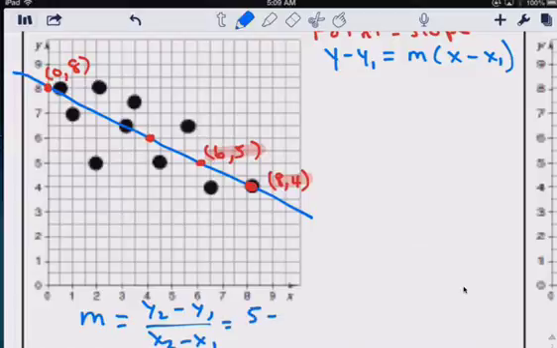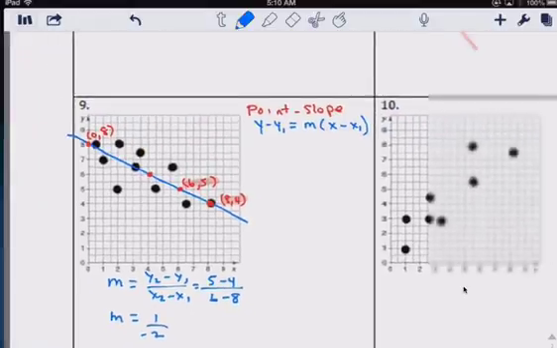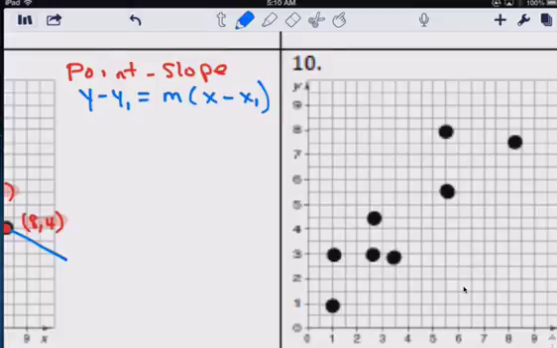That is 5 minus 4 over 6 minus 8. m equals 1 over negative 2, or negative 0.5, whichever you want to use. Let's use the decimal.